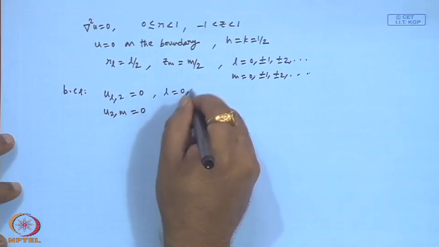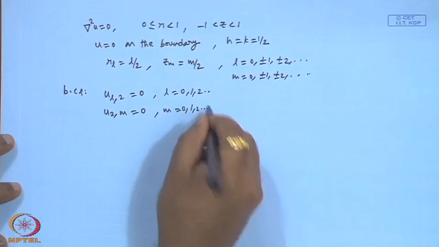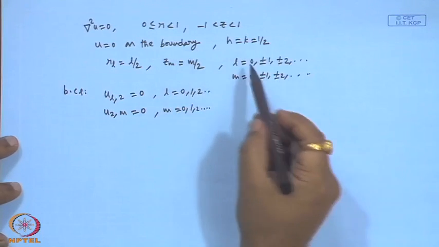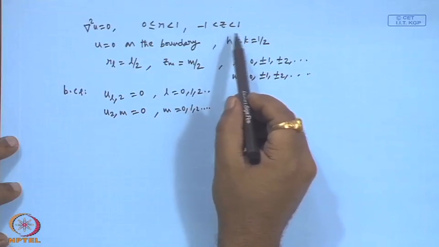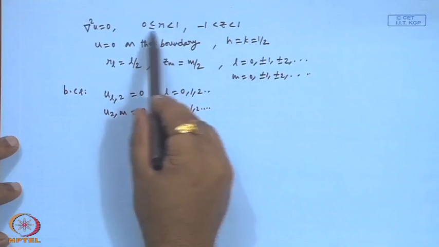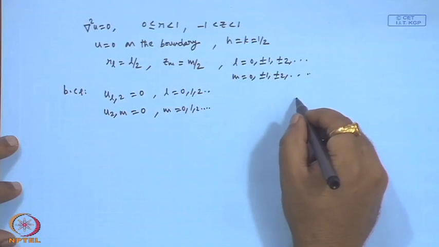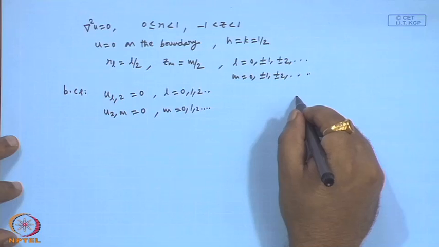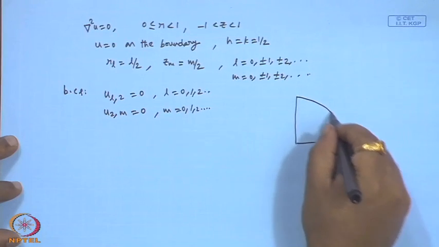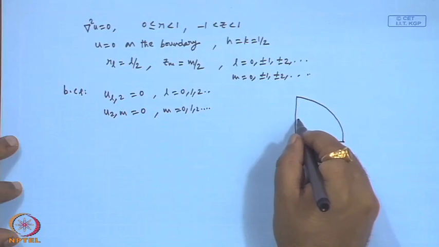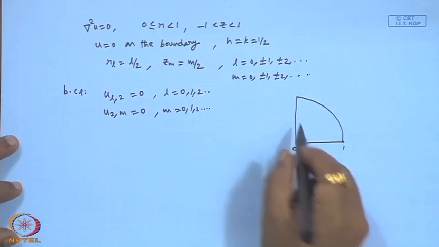This is for L equals 0, 1, 2, because you can see h equal to k equals to half. Okay. So, from 0 to r, 0 to 1. So, therefore, we have only r from 0 to 1. So, that means we are at half. So, this is 0 and this is 1.